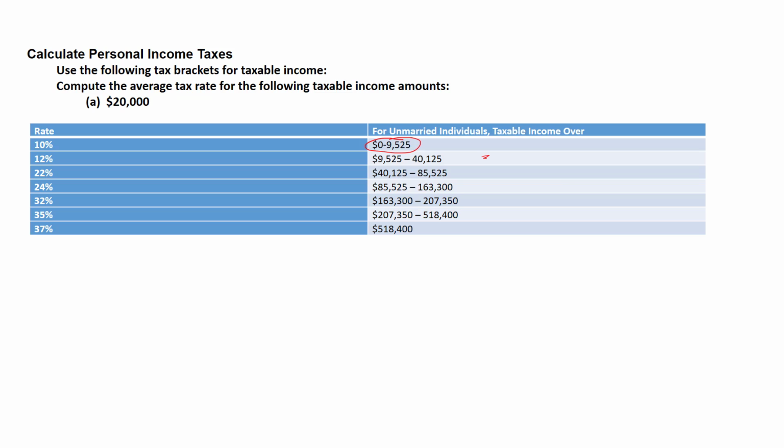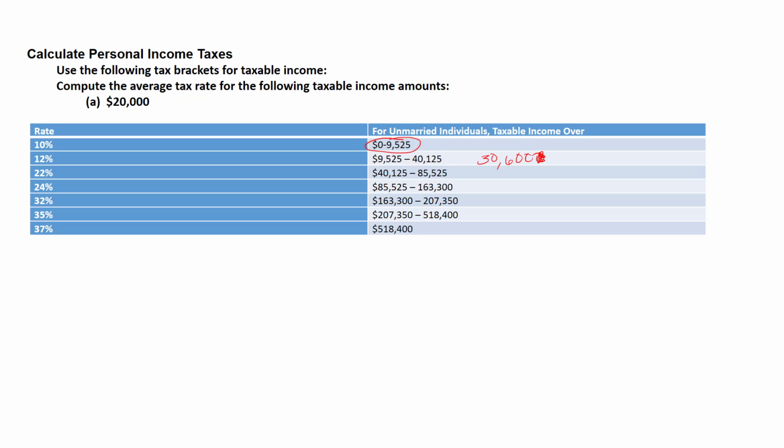So there's only $30,600 in this bracket. Sorry, too many zeros there. So that's important to understand. Don't tax yourself twice, and then don't tax more than you've actually made.